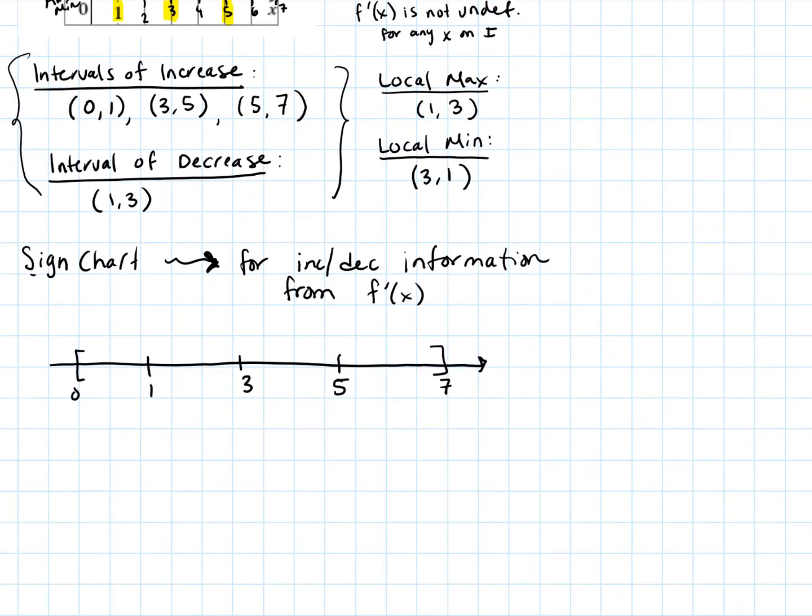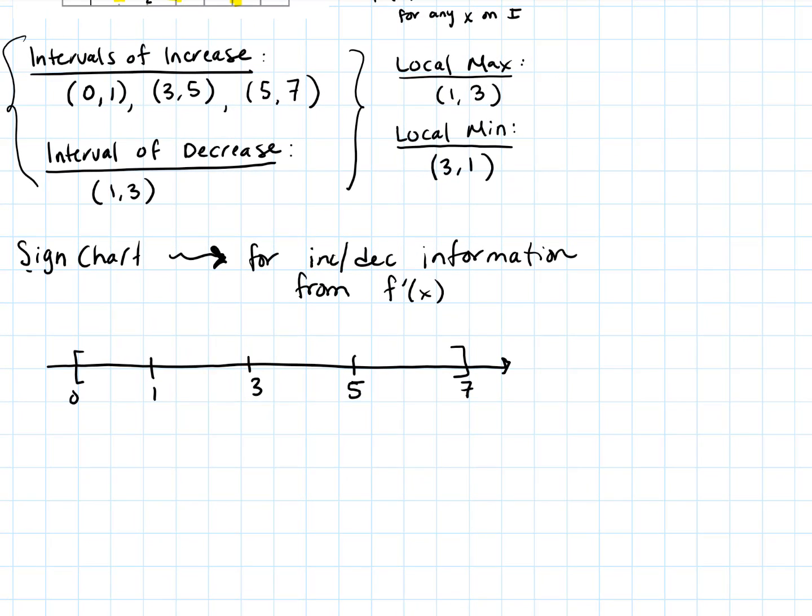I could label those on a modified coordinate plane, just the x-axis actually. So I took the critical points and I put them on the x-axis.